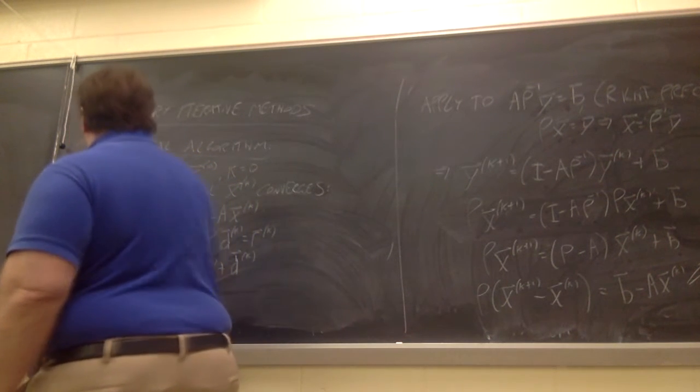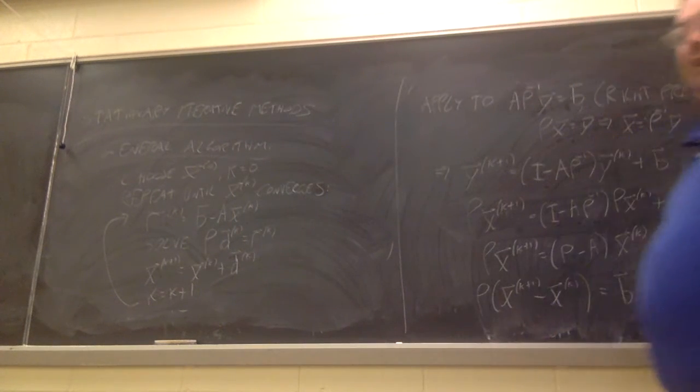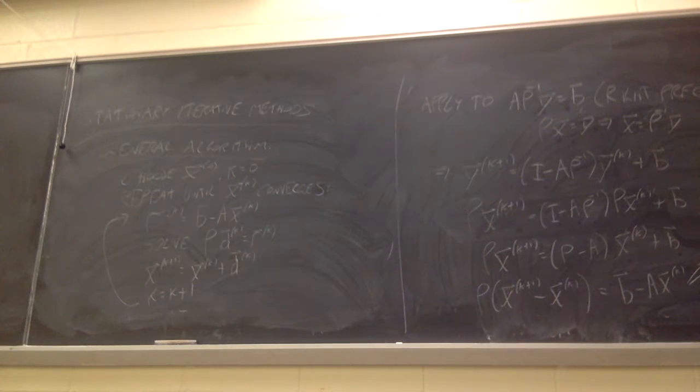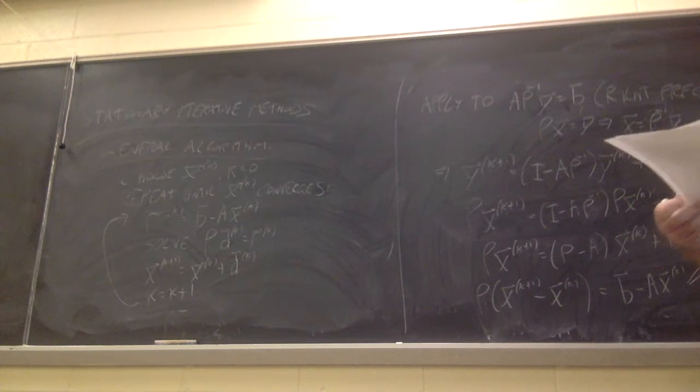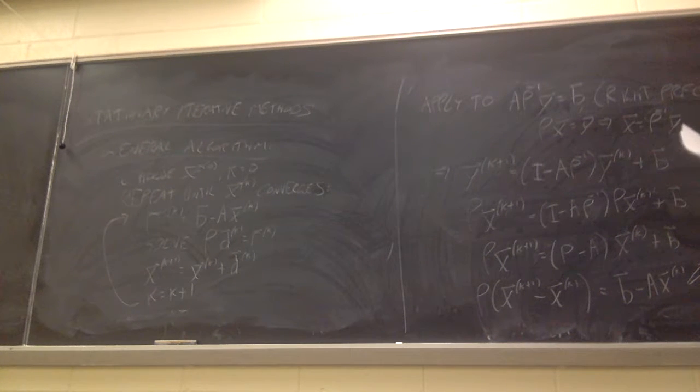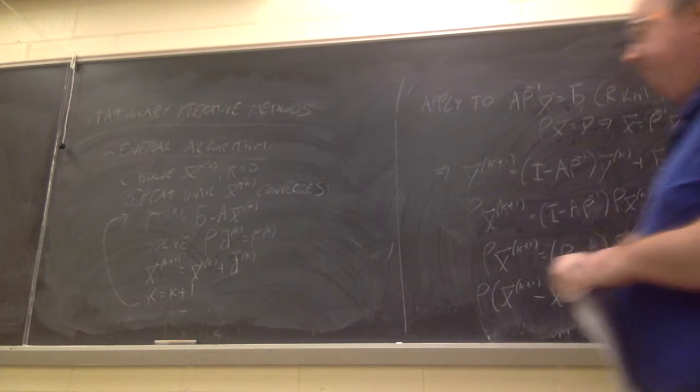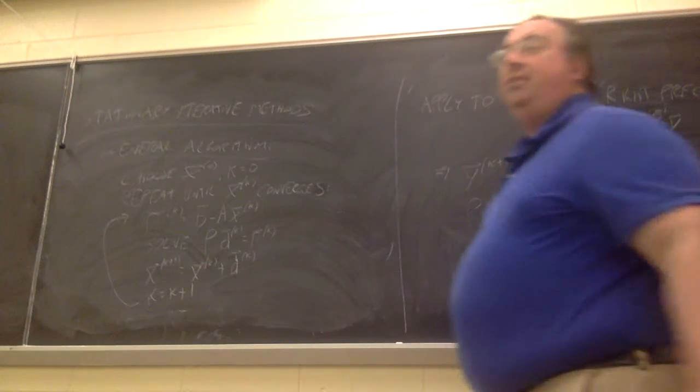You keep going until your x's are close enough that you can declare the iteration converged, if it converges, which is not assured. Questions?